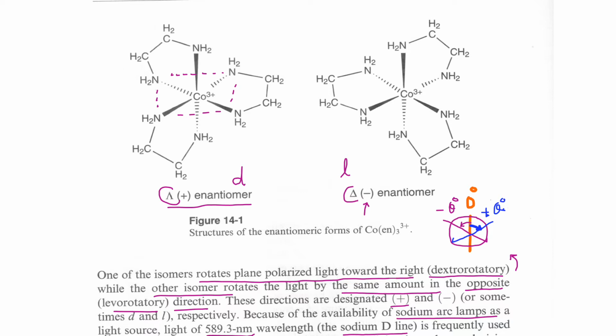Now, the isomer on the left is a non-superimposable mirror image of the one on the right. The plus isomer, or plus enantiomer, the D dextrorotatory, is on the left, and it's the lambda isomer. The structure was determined by X-ray crystallography.